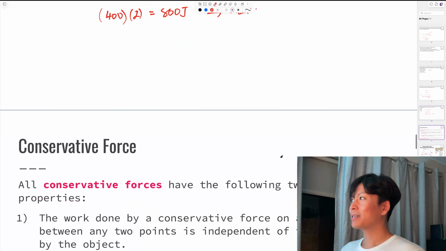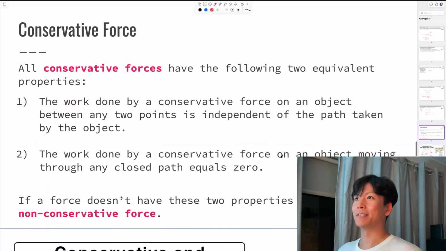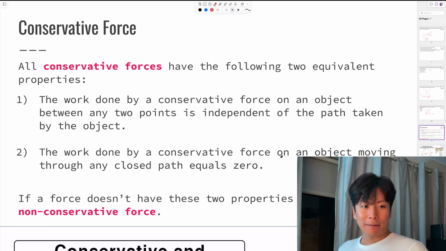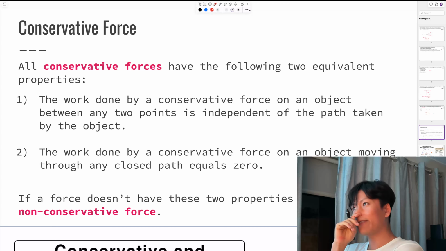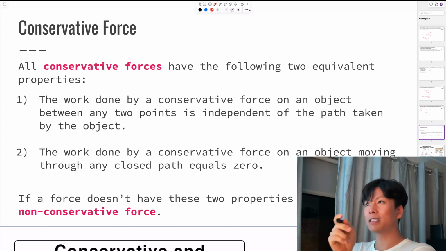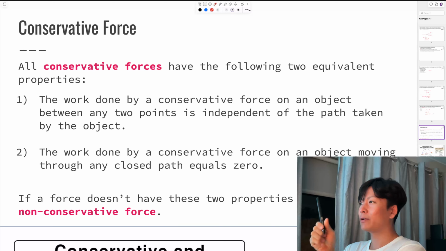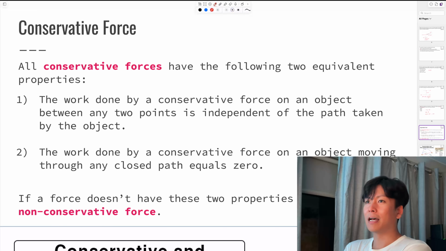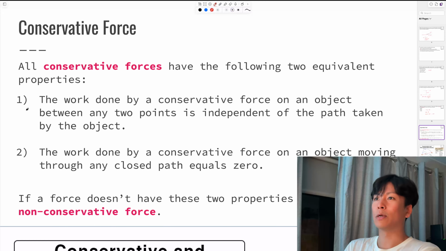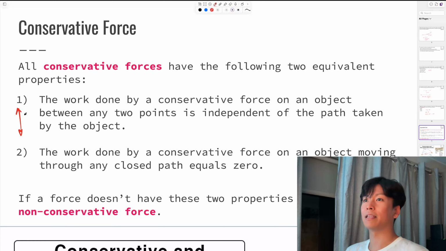But let's talk now about conservative forces. So the definition is this: all conservative forces have the following two equivalent properties. These two things, point number 1 and point number 2, are equivalent. They are the same thing, just worded slightly differently.